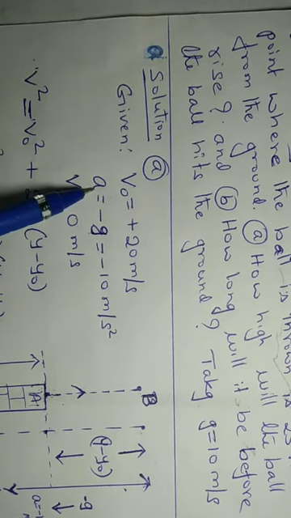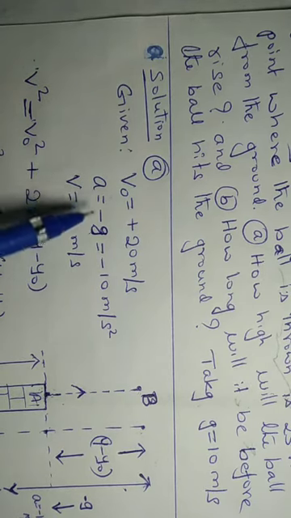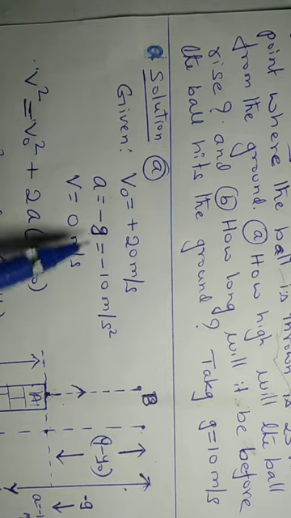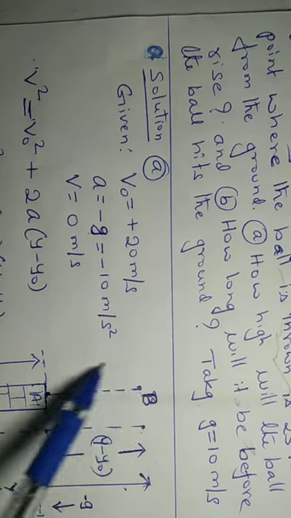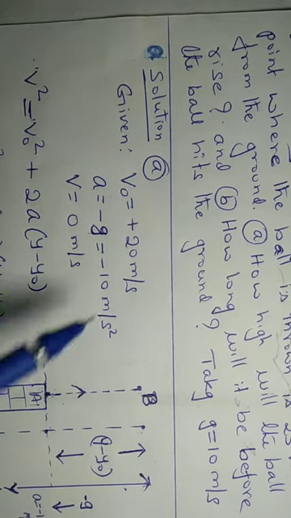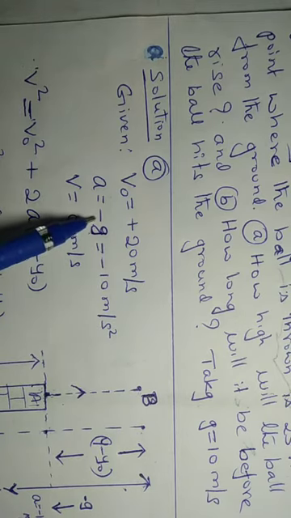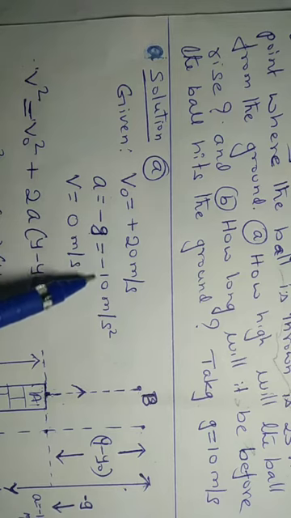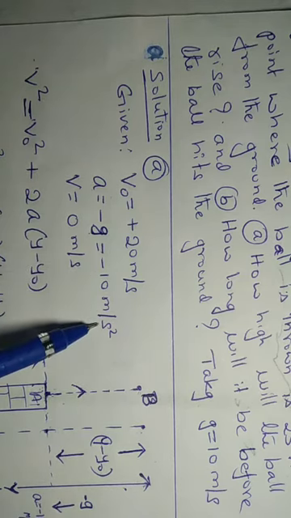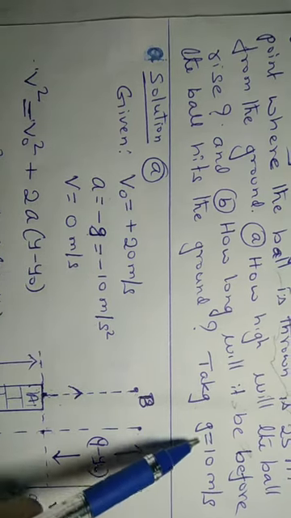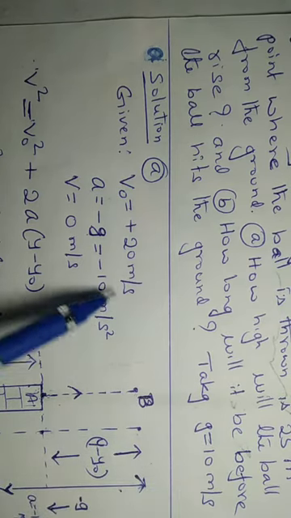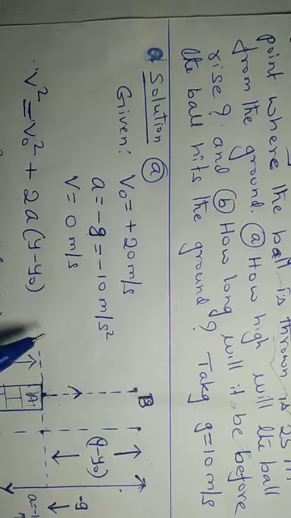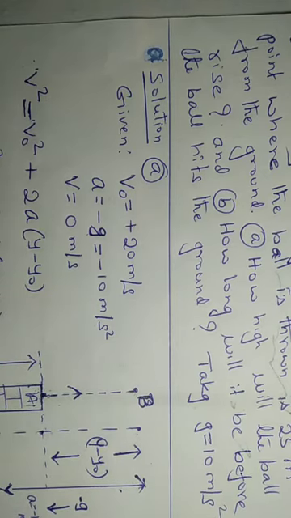So what is acceleration here? That is minus g, because acceleration is downward in the minus y axis. Therefore, we write a negative sign, minus g, that is minus 10 meter per second square. That's given. Normally, the value of g is 9.8 meter per second square, but in this case, they have given 10 meter per second square.